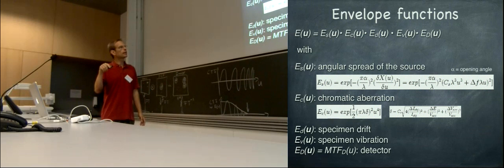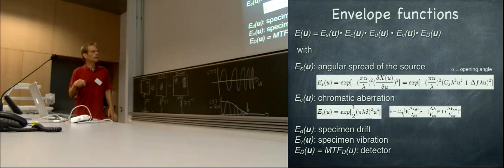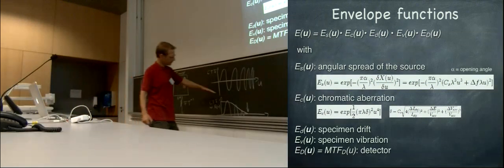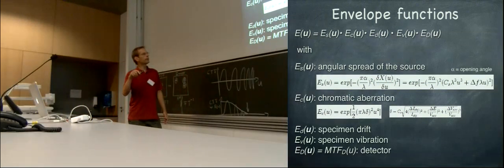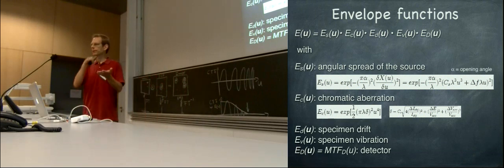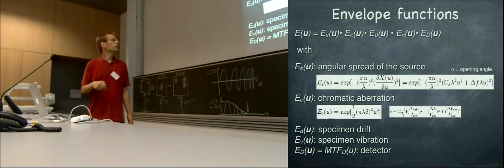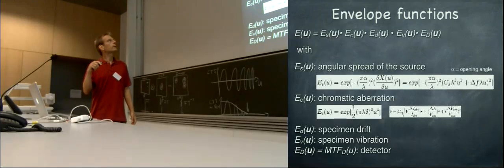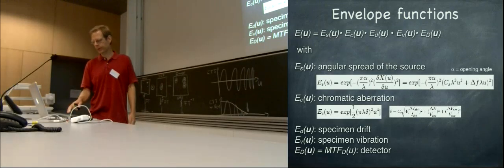And this delta E, and also variations in the current and in the objective lens current and the acceleration voltage and the current from the gun, all this gives you a chromatic aberration envelope function. Another envelope function of this type is when our specimen drifts or vibrates, and then our CCD detector would usually also effectively dampen the contrast transfer function of the entire microscope.